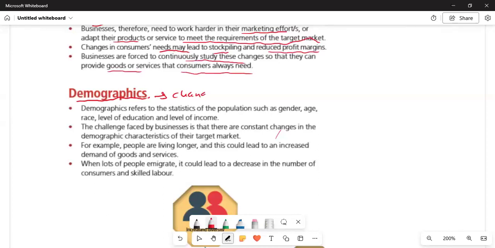We are talking about age, income, lifestyle, and also attitudes, so that the changes in population affect demand.